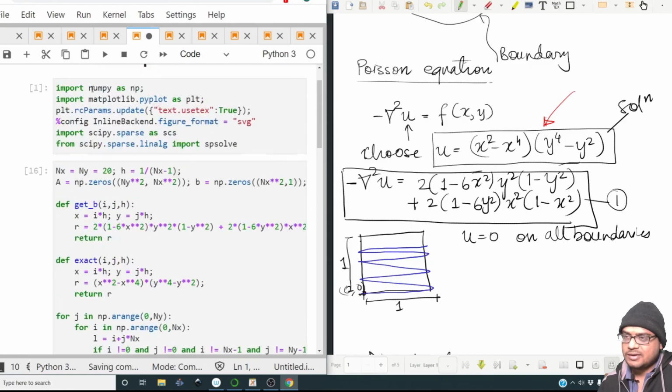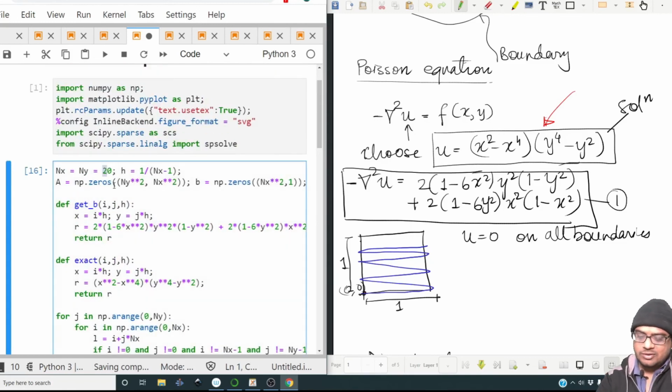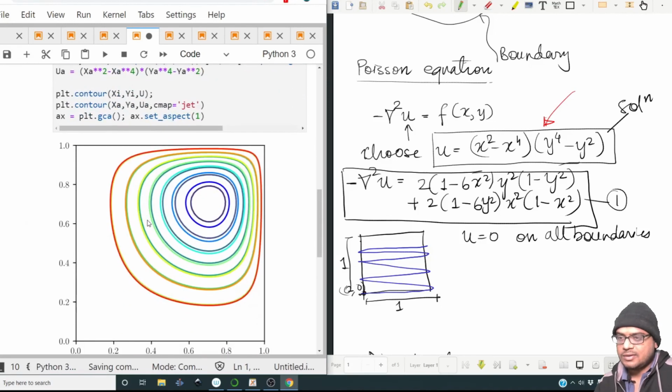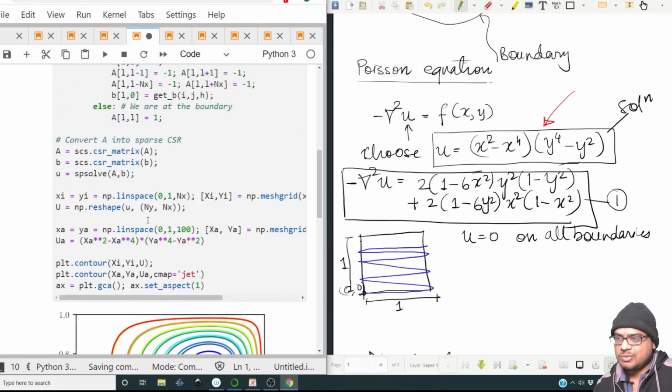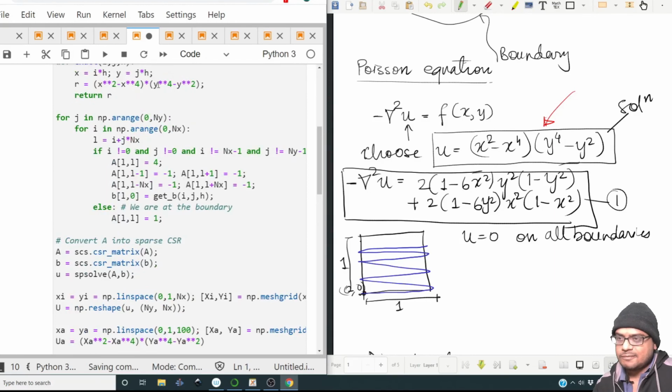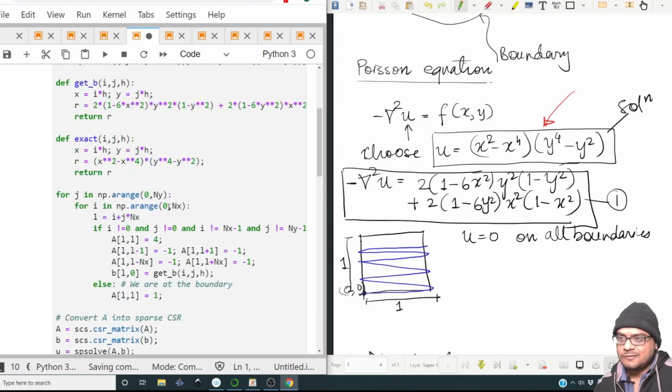If I take a larger number of points, maybe 50, they seem close but not exact. They should be exactly the same. Maybe I've gotten some term wrong somewhere. Let's see.